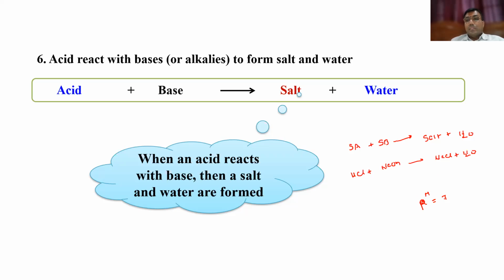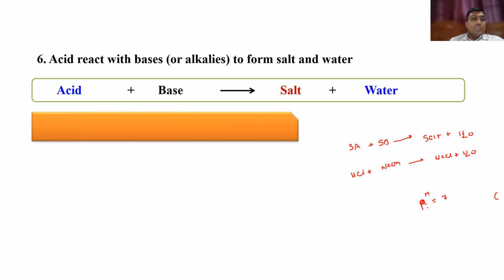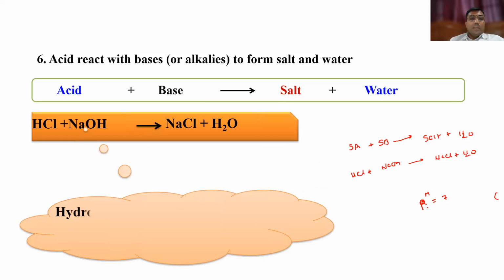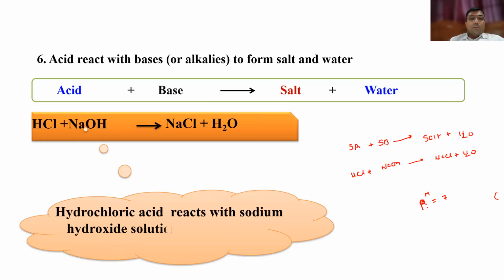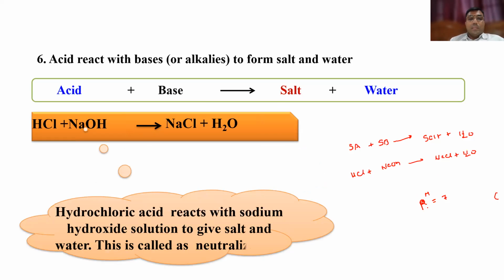Yes, the pH of the solution will be 7, and 7 means it's neutral. Try to understand this. Now listen very carefully. HCl plus NaOH forms NaCl. Hydrochloric acid reacts with NaOH, that is why this is a neutralization reaction.